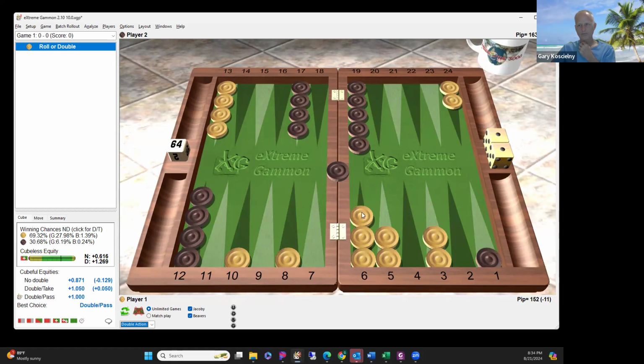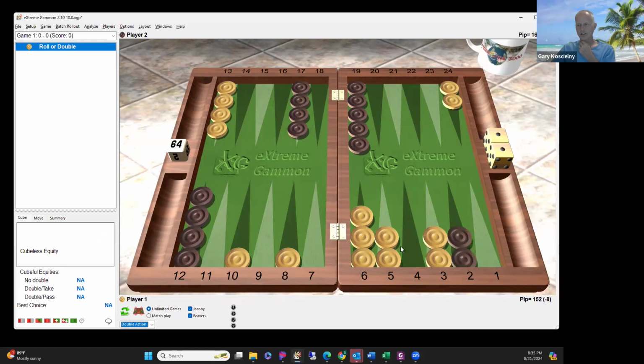Yeah. Am I correct, Gary, that if black has a point in the home board, even say just a 3-point, that will make it not a double? Well, let's put it on the 2-point. No. So here, if black has 1 point in its home board, even a weak one, does that much weaken the likelihood?